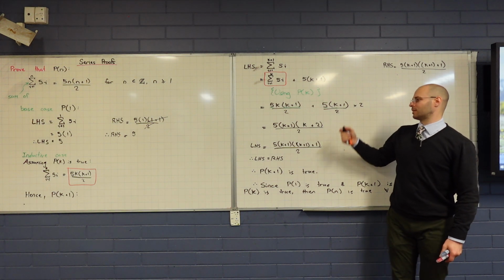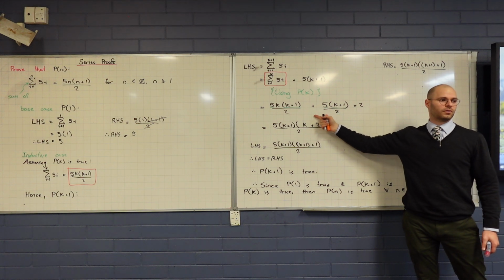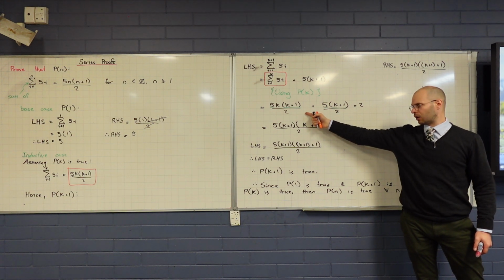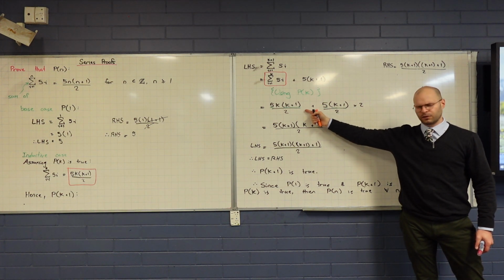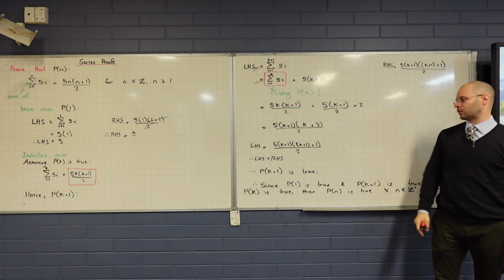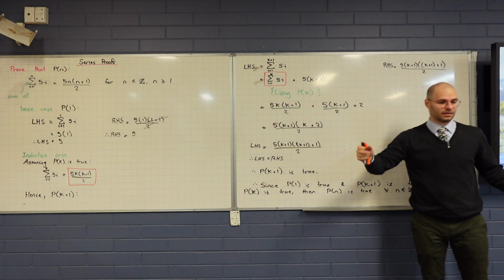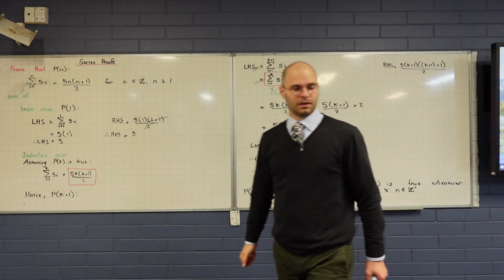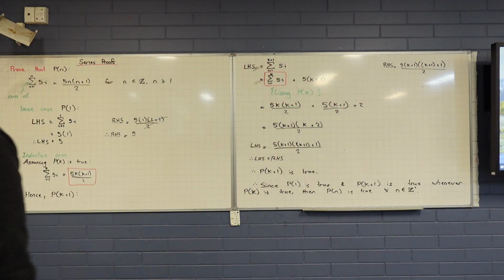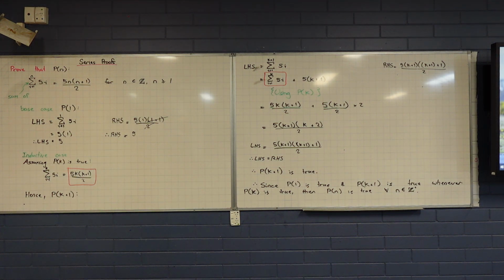In this instance, if you know that the final solution's over 2, you try and force both of your terms to be a fraction with a denominator of 2, and then you start factorizing so you get a single expression. All good? Any questions? Anything unclear or needing more explanation?